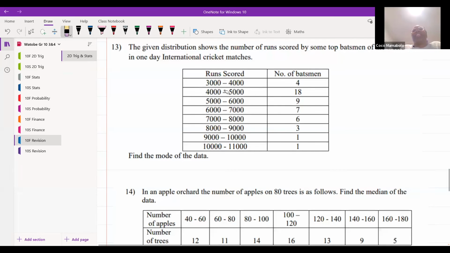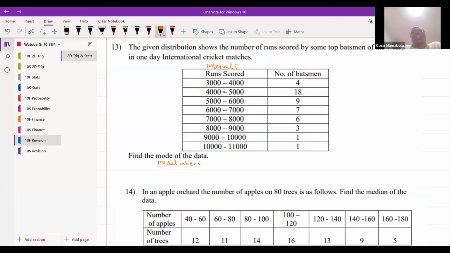Okay, so the question says, find the mode of the data. Because we are using intervals, the question could easily have said, find the modal interval.